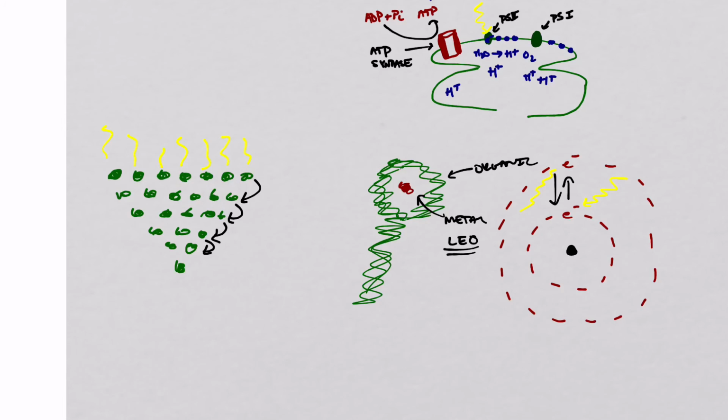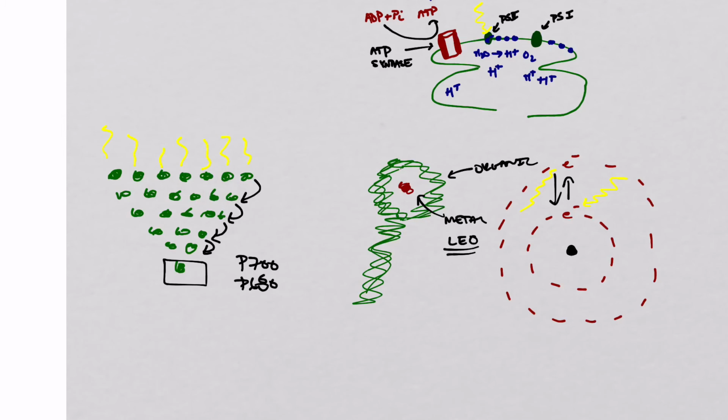So as we go down every row, we're concentrating the energy until we reach this last chlorophyll molecule, which is so important I'm going to put a box around it. It's either P700 or P680, depending on the photosystem that you're in.